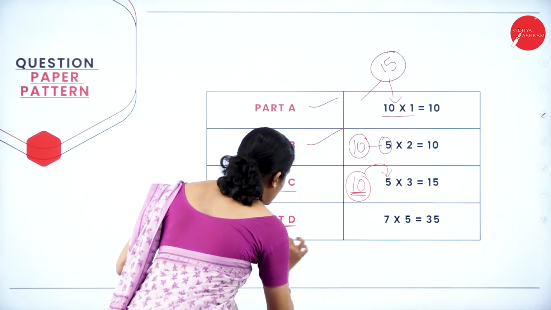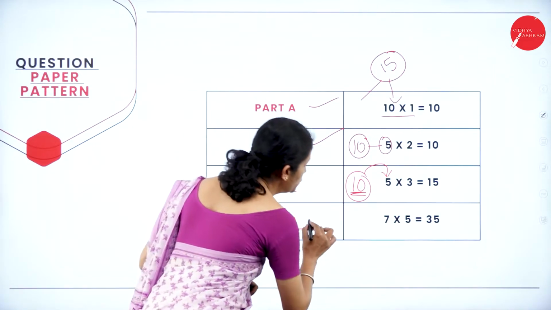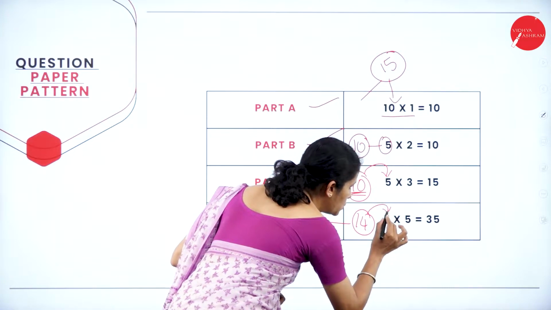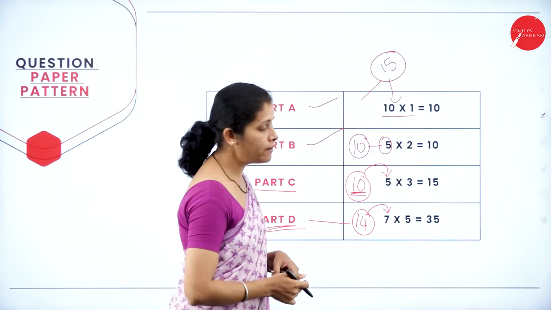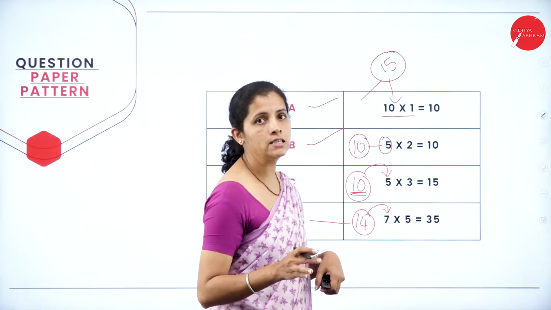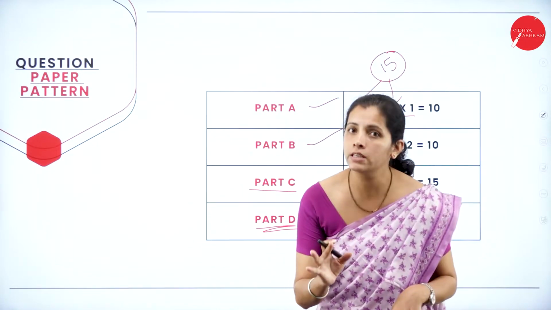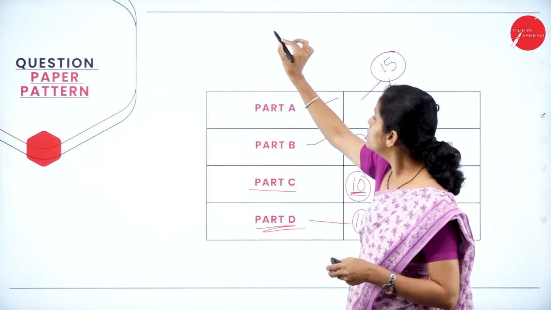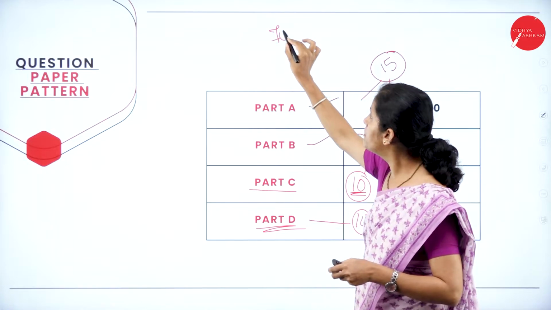Now if I consider part D, I am going to get 14 questions. Out of 14, I want to attend only 7 and each question carries 5 marks. That is 7 into 5, it is 35. So dear student, I am going to write this subject only for 70 marks.